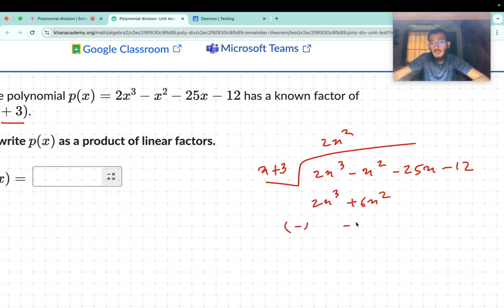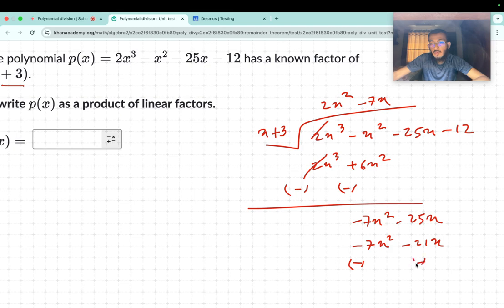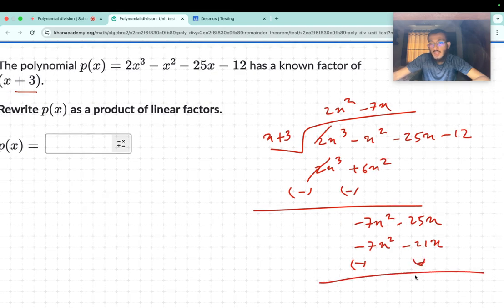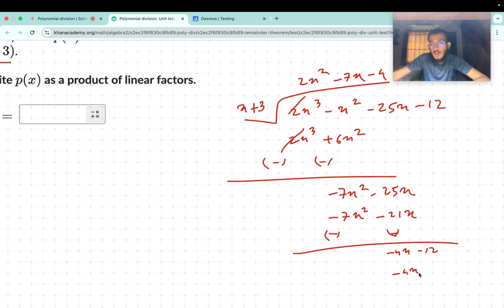When we subtract, these cancel. Negative x squared minus 6x squared is negative 7x squared, then negative 25x. We have negative 7x here, so negative 7x squared minus 21x. When we subtract, we get negative 4x minus 12. I can select negative 4 here, so negative 4x minus 12 gives us a remainder of 0.